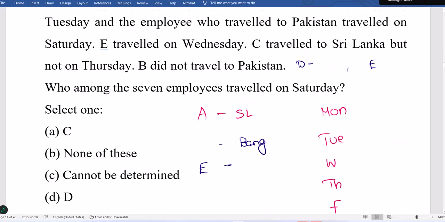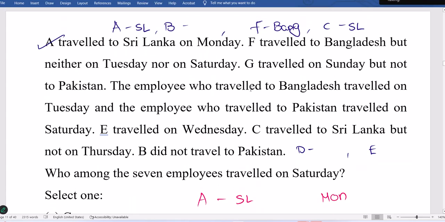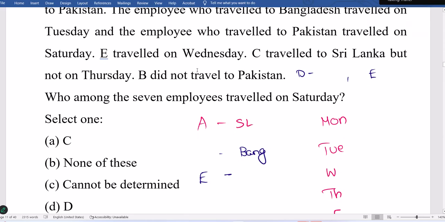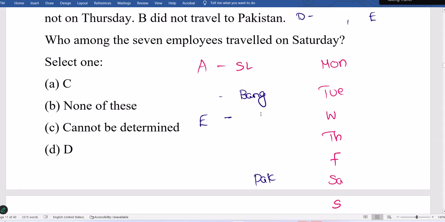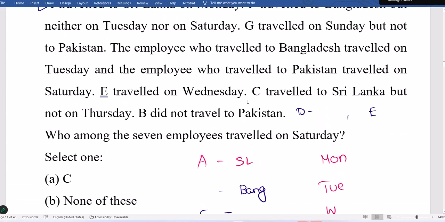Now, F is not on Tuesday, nor on Saturday. F is Bangladesh only, but not on Tuesday, not on Saturday. So this is somebody else, not F.